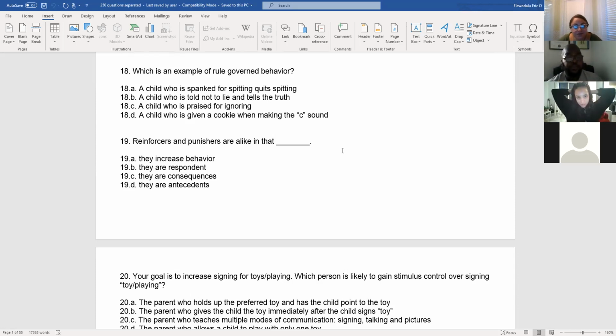I think B, because that's the only one that didn't have a direct consequence involved. He was just told a rule to not lie, and then he just did it. Yeah, I agree with B. B, final answer. Let's see. Number 18, B. Yep, that's right.